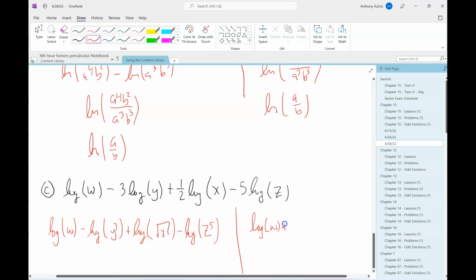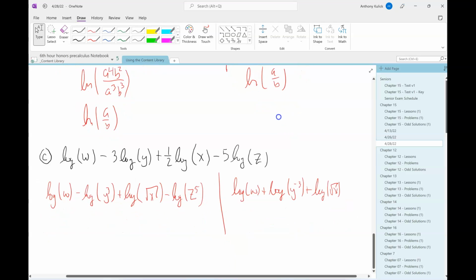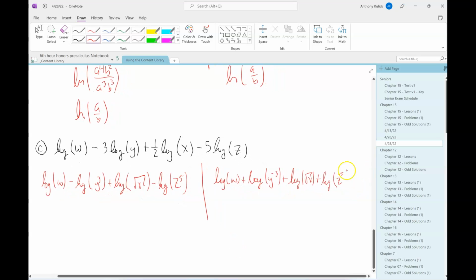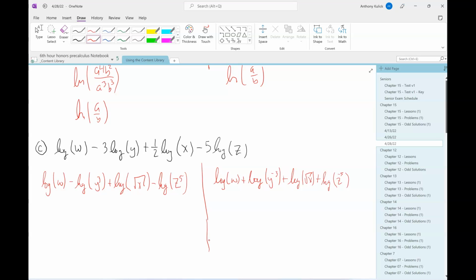Or if you want to do it the other way, as Jack suggested, we can do that. So far, so good.